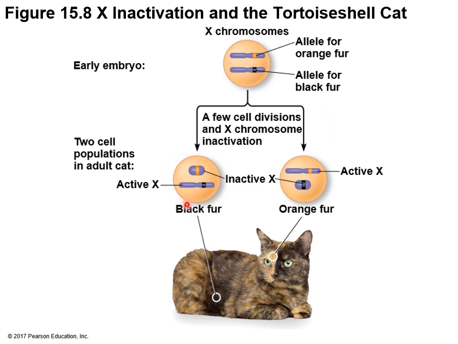So one cell population has an inactive orange-fur-containing X chromosome, and the other cell population has an inactive X chromosome that had the black fur allele. And this is going to cause the cat to have both black and orange fur because of those different populations of cells.